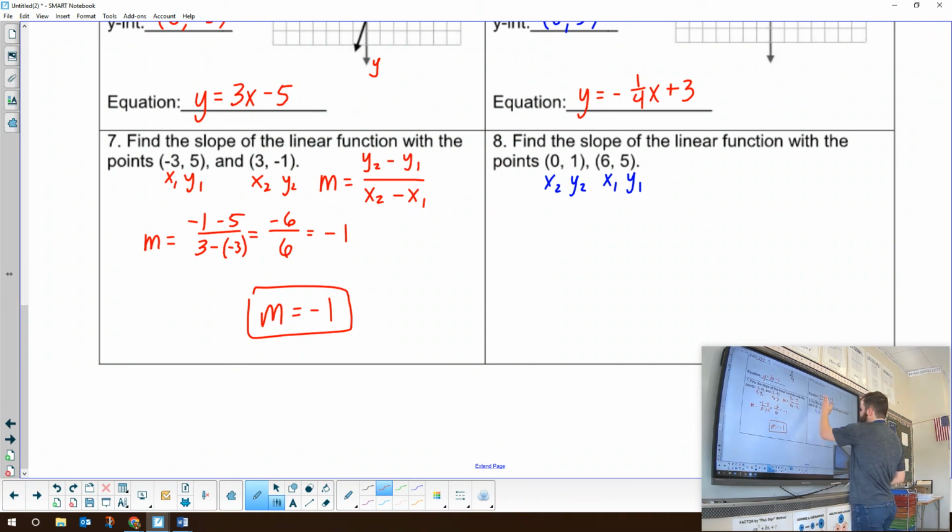And if you do one of these first, you also have to do one of those first on the bottom. Okay? So I'm just going to go 1 minus 5 over 0 minus 6. We're going to get negative 4 over negative 6, which will reduce to positive 2/3. So my slope will be 2/3.